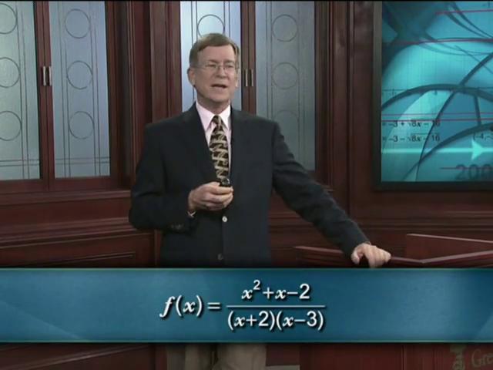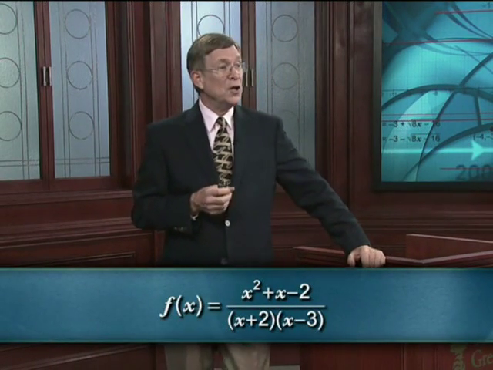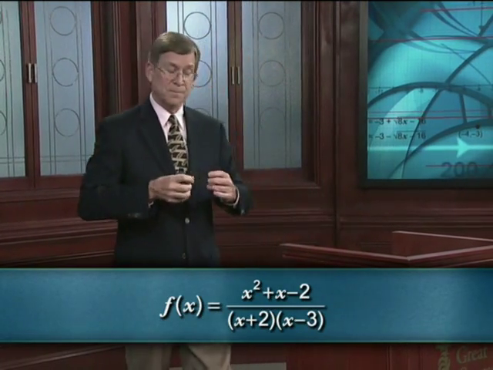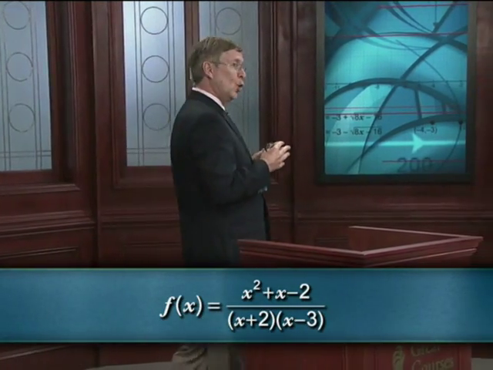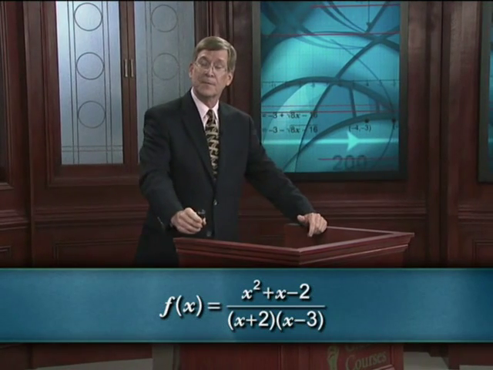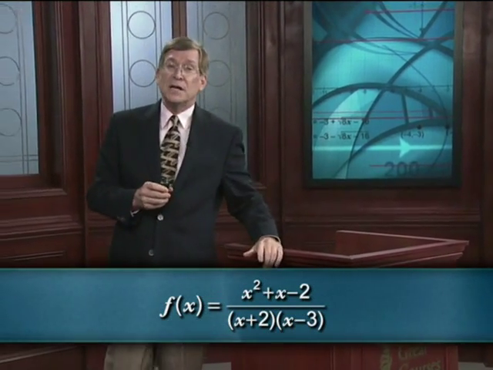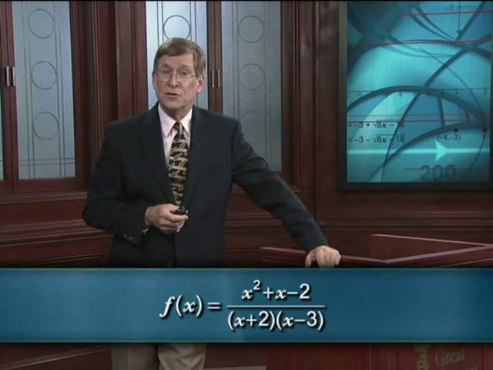Let me show you another tricky example. Look at the following kind of complicated rational function. The numerator is x squared plus x minus 2. The denominator I'll factor for you, x plus 2 times x minus 3. And I ask you, what are the vertical asymptotes? And you might automatically say, well, minus 2 and 3, because that's where the denominator vanishes.